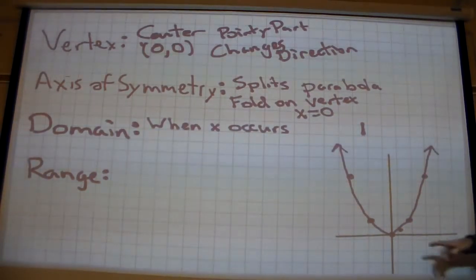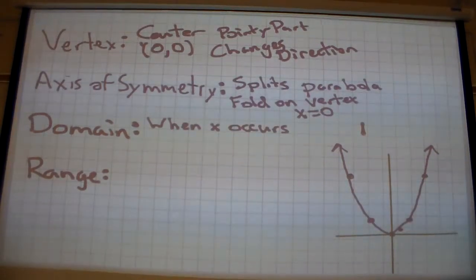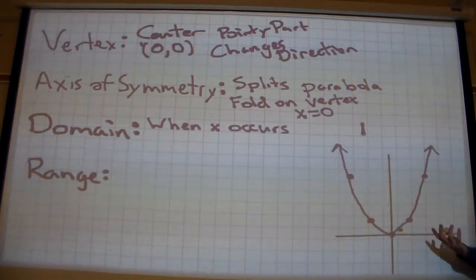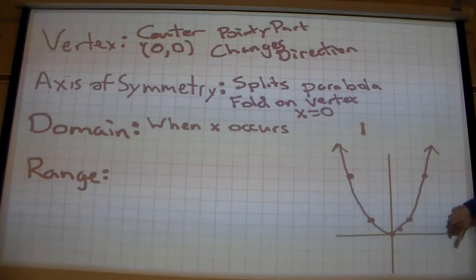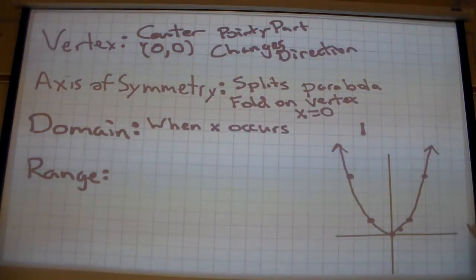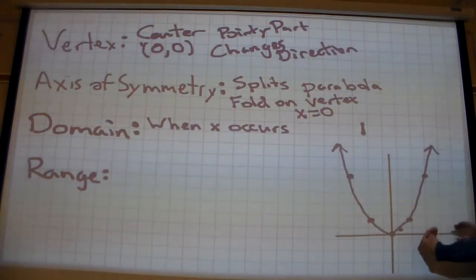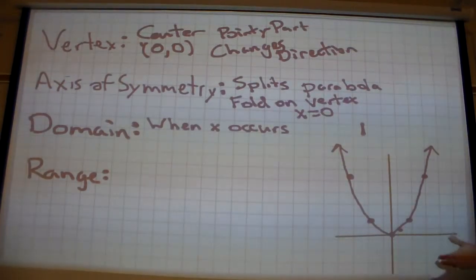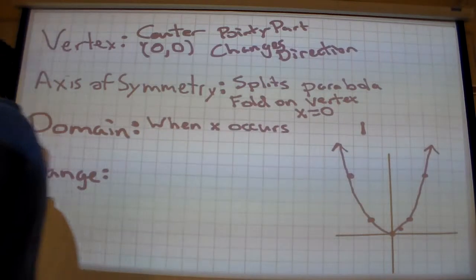Okay, plug in 0. 0 squared is 0. That works. Think of another number. Negative 5,000. 5,000 squared, I could figure that out. Okay, any value works. So I could put any number into the domain and it's going to fit. There's nothing that should be excluded.